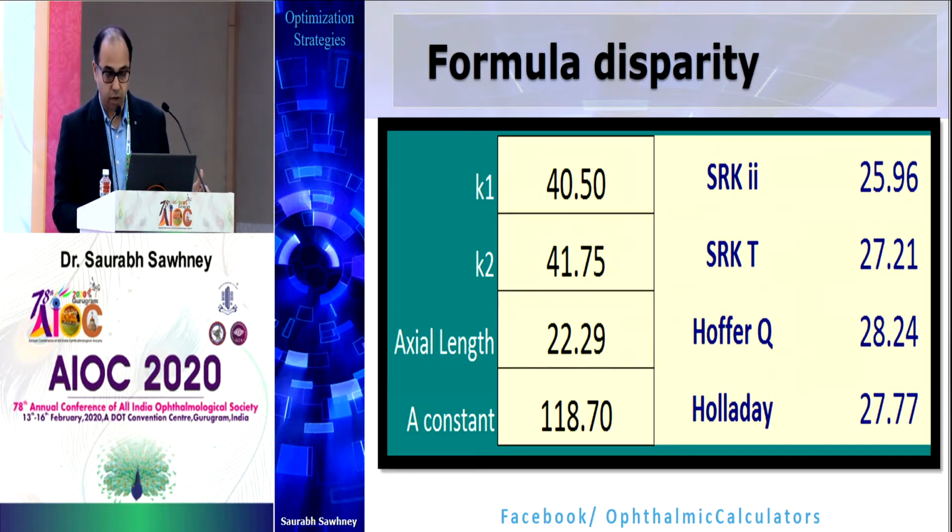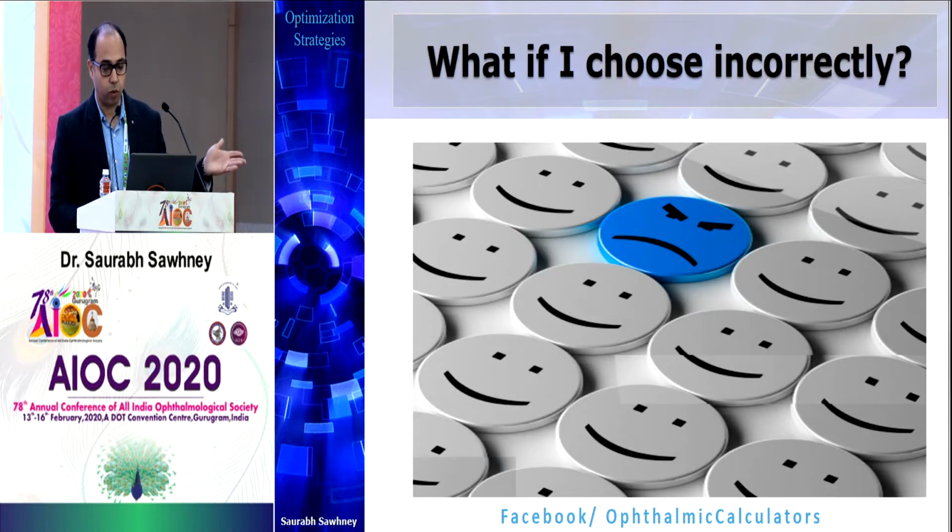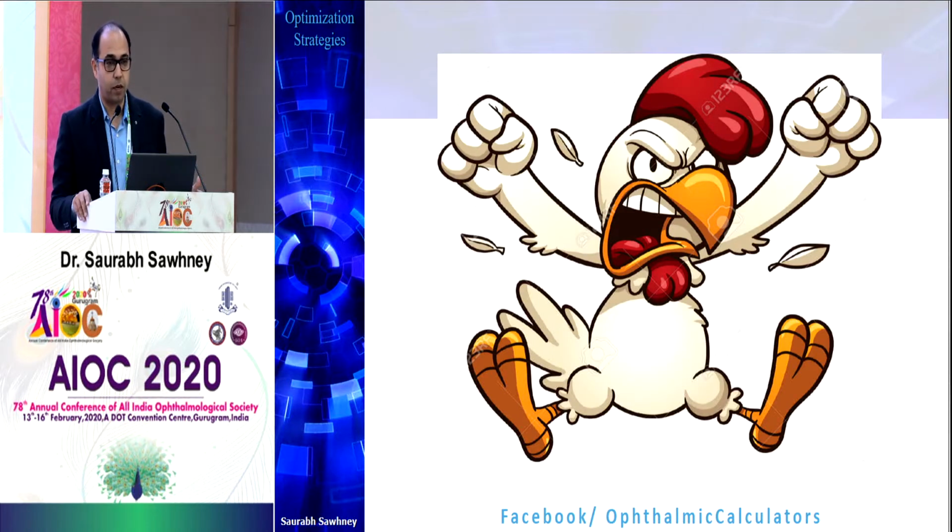And then you're in a fix, you don't know what to choose. And if you choose incorrectly, and the patient is really anxious about his results, bear in mind that a small miscalculation here, and you're going to leave the patient with a refractive error for the rest of his or her life. So it's a really important thing here that you get it right.